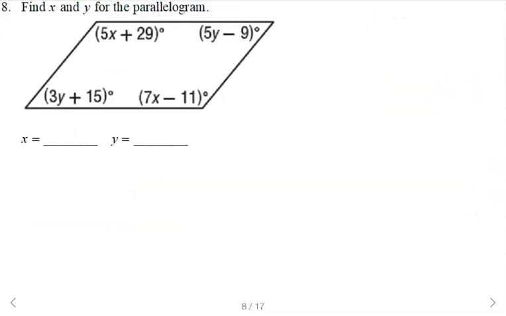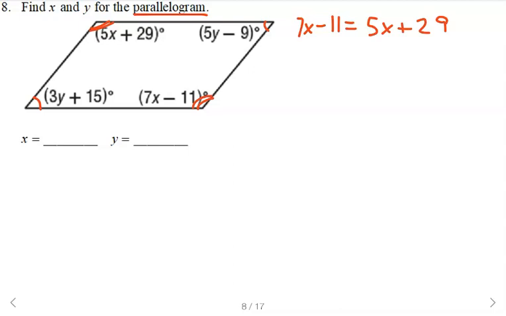Angles in a quadrilateral, also a parallelogram, will add up to 360, so we could write all those equal to 360. But for a parallelogram also, the opposite angles are congruent. And so for the x's, we can write 7x minus 11 equals 5x plus 29. So we'll have that equation to solve.